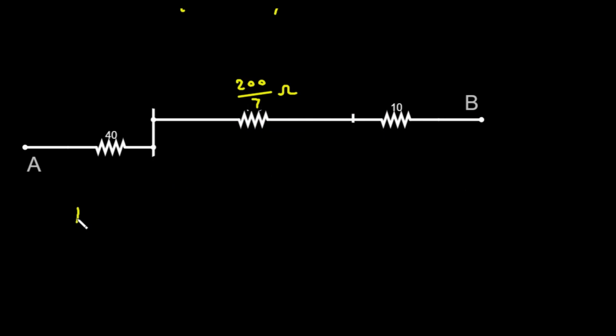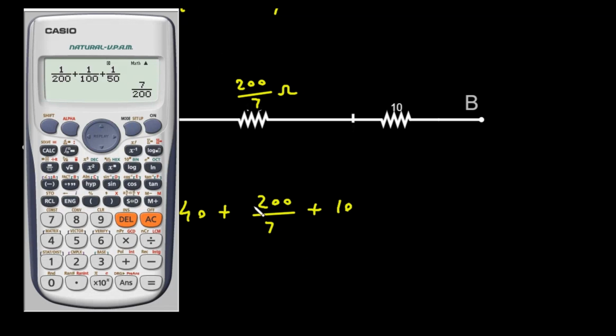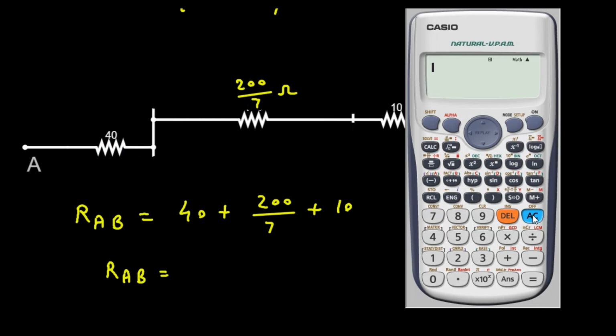So we can easily find the value of RAB. So RAB will be 40 plus 200 divided by 7 plus 10. So therefore RAB is equal to 40 plus 200 divided by 7 plus 10.